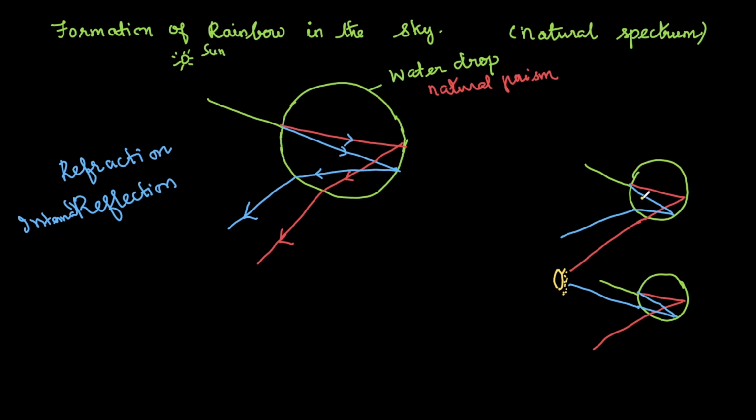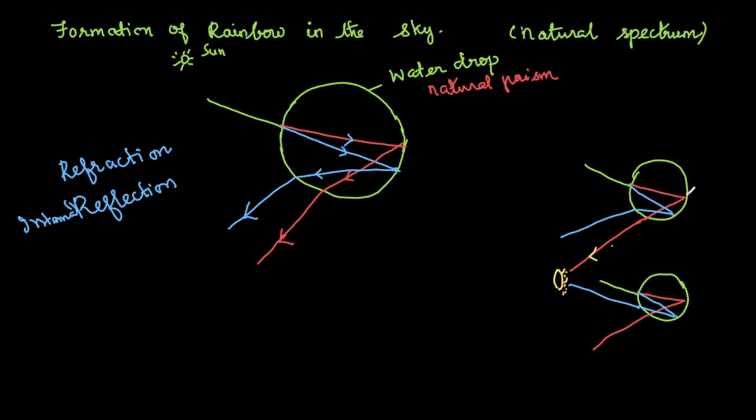Two raindrops split the light, and the red light reaches our eye from the top raindrop, and the blue light reflected and refracted by the other drop reaches our eyes. So this is the way we are able to see the red light at the top and the blue light at the bottom. This is because of two water drops, just above and below, refracting the light.